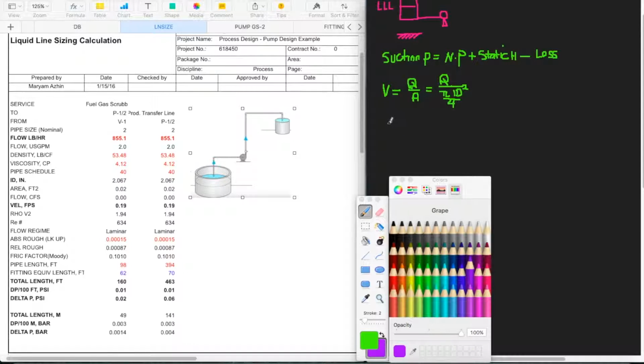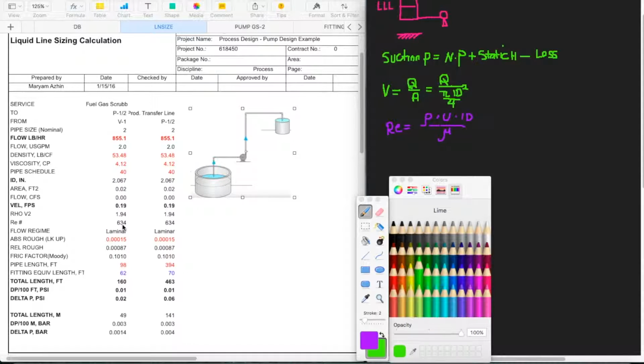The formula is: Reynolds number equals density multiplied by velocity multiplied by inside diameter, which we show as ID, divided by viscosity.